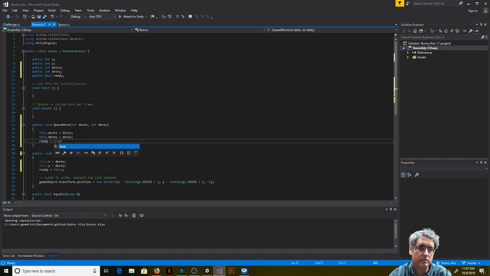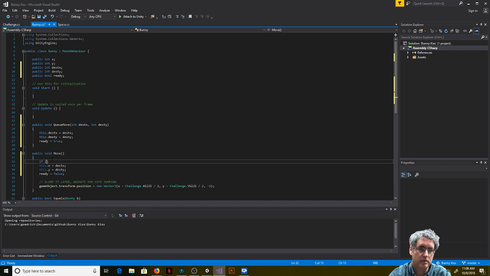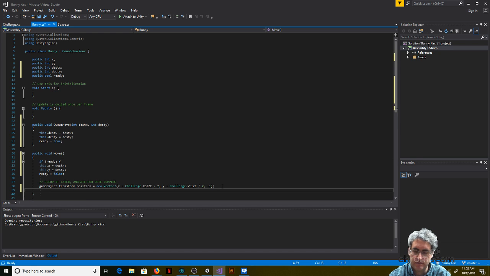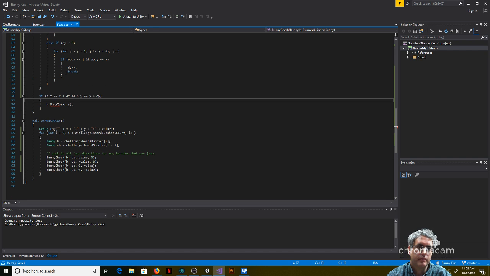Ready equals true. If ready, this takes care of saying you're no longer ready. So the spaces are going to be make a Q move of x, y.